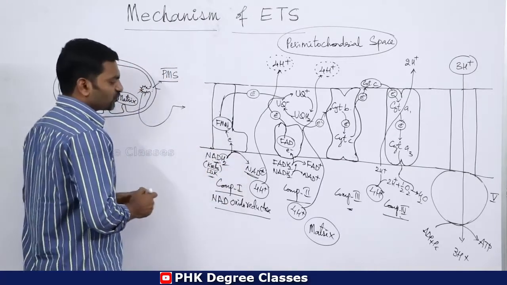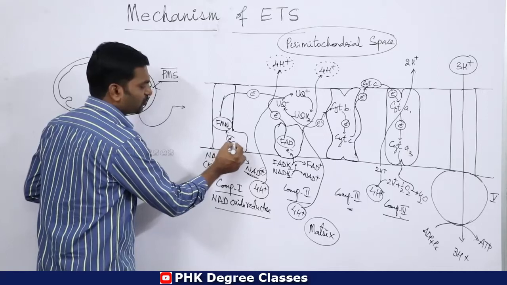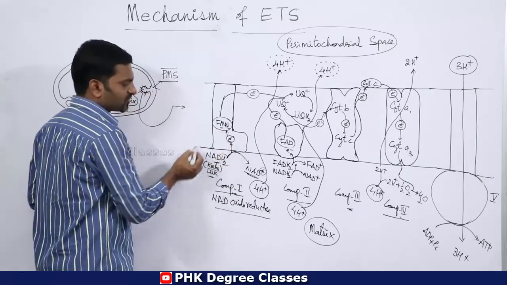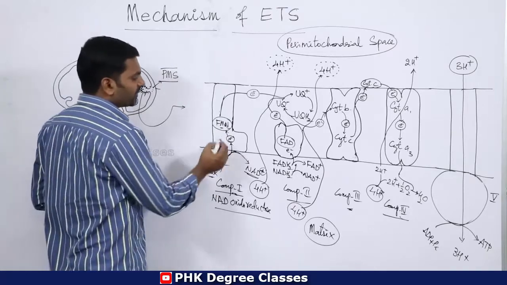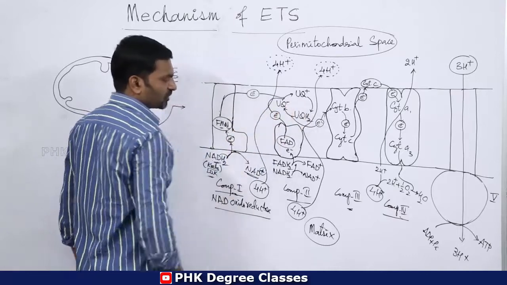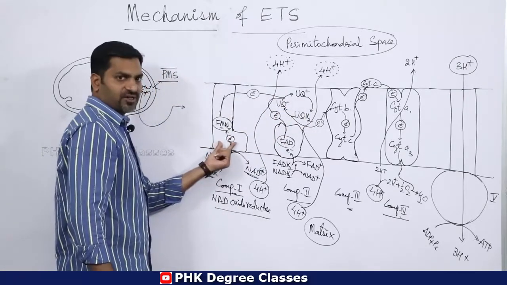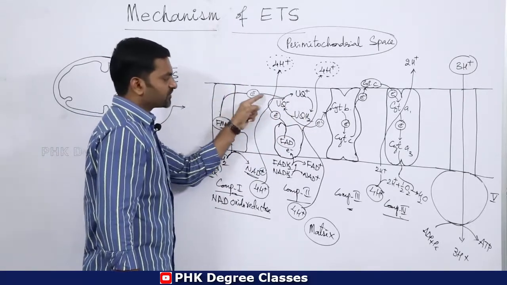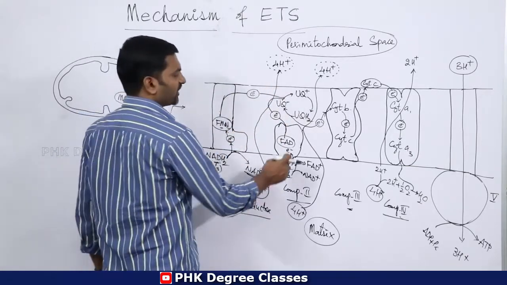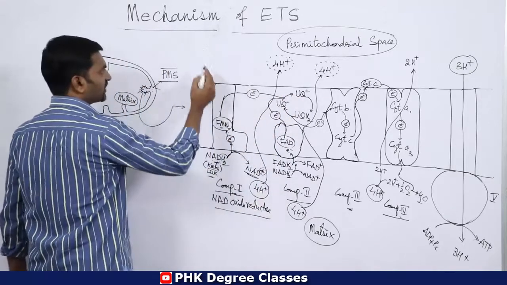Then these electrons move to complex 1. In complex 1 there is a prosthetic group, that is FMN. From here these electrons move to ubiquinone. So from complex 1 these electrons are transported to ubiquinone. This is what we call UQ.